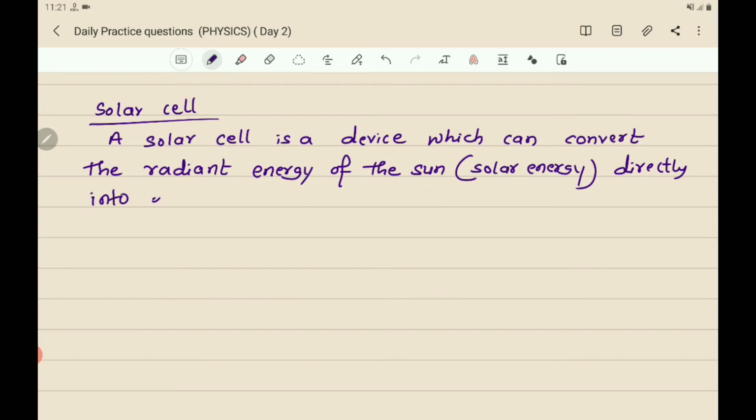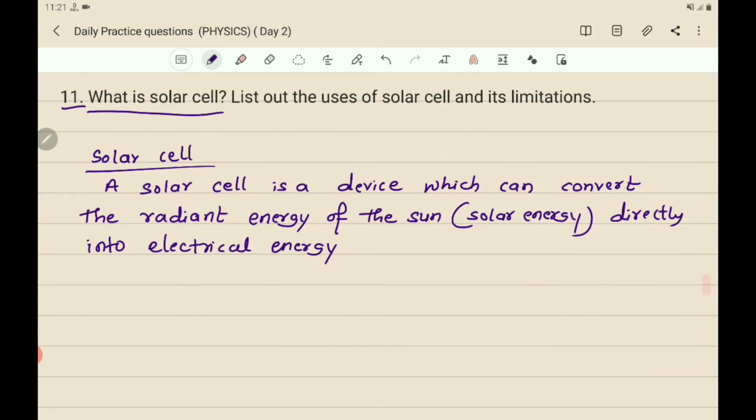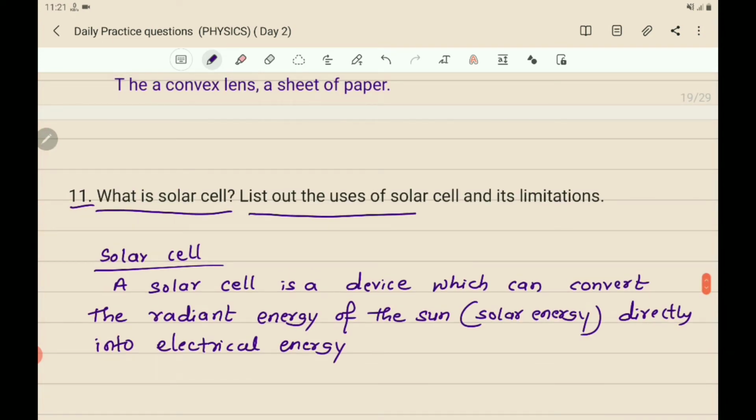So next here, list out the uses of solar cell and its limitations.